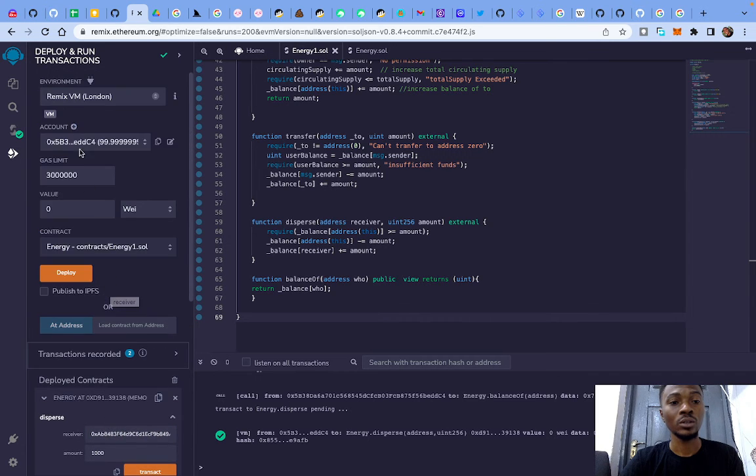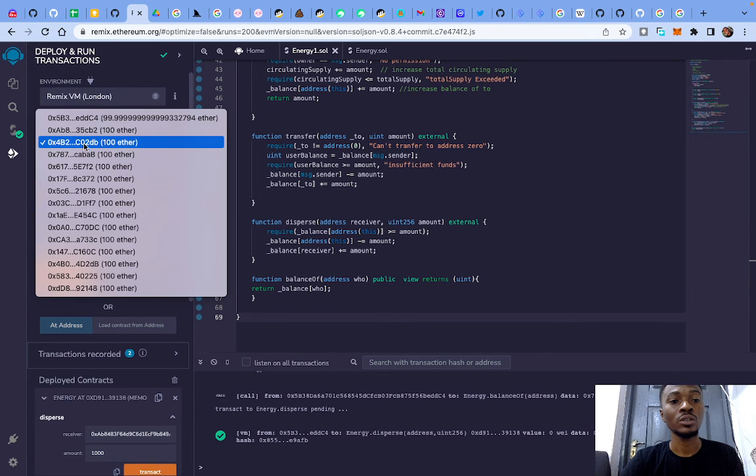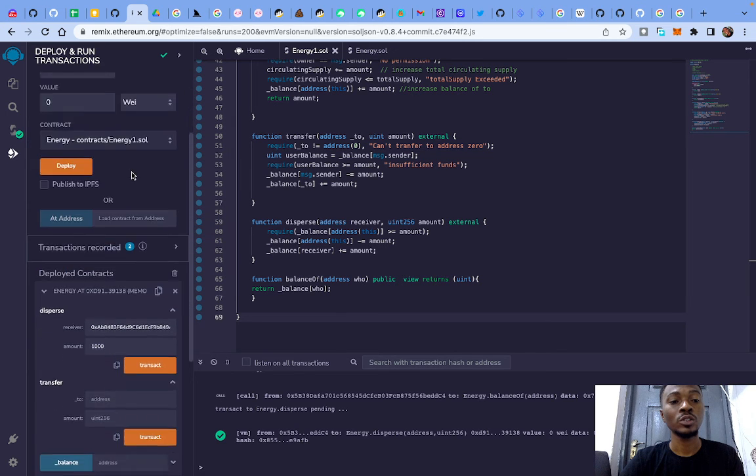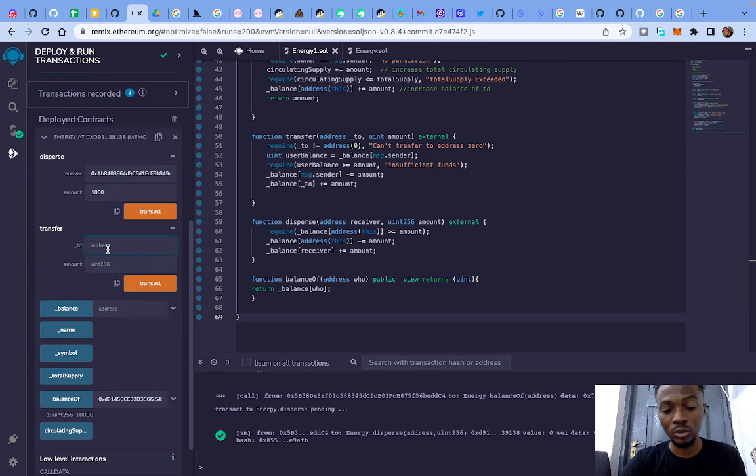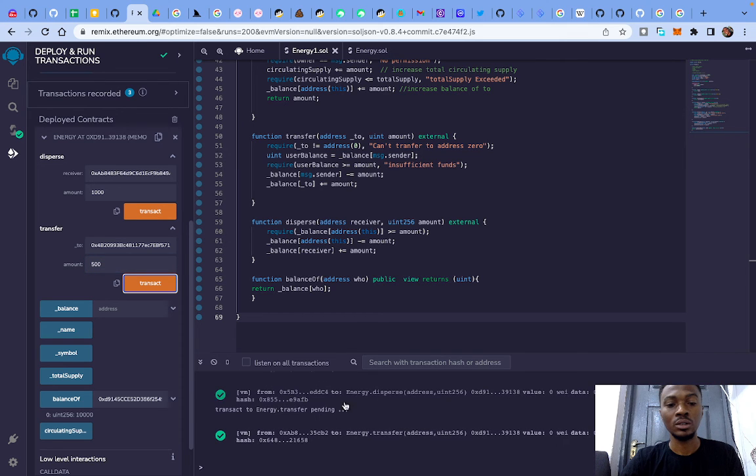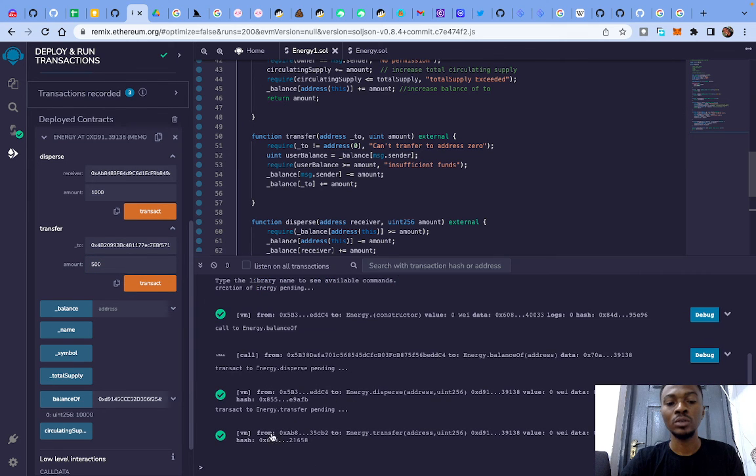We are going to allow this person to transfer to someone else. We are going to copy this other contract. So this was the person we dispersed to, and we are going to allow this person to transfer to this new contract. So let's transfer just 500. Transact. And you can see underneath again that we got no error, so it was successful.